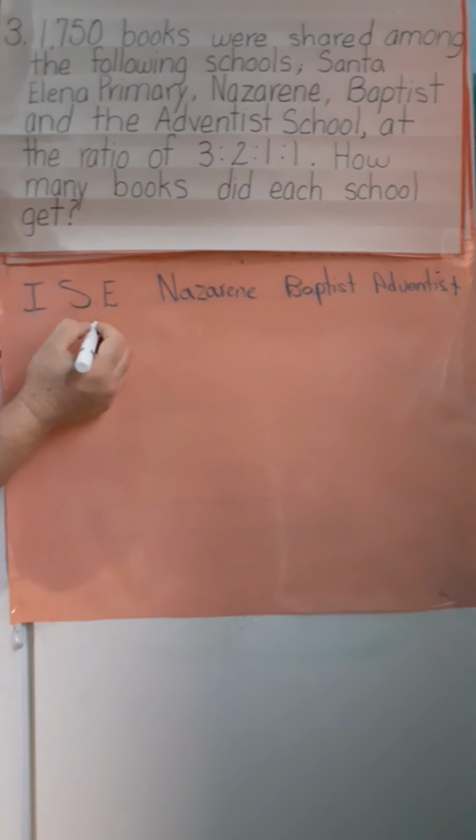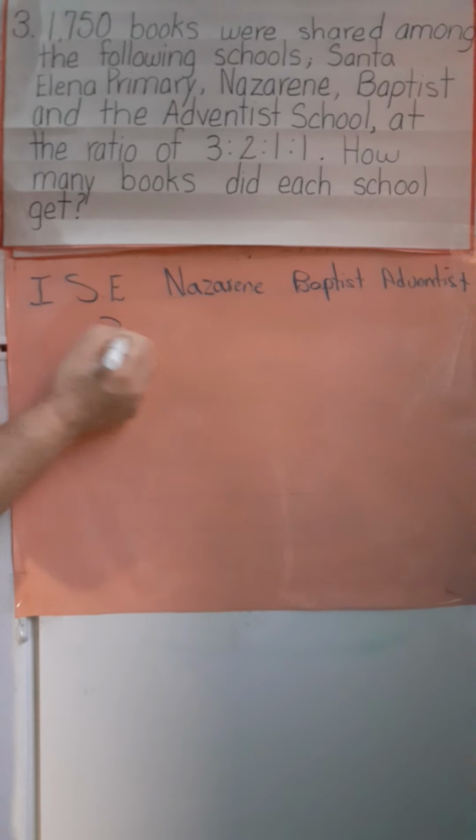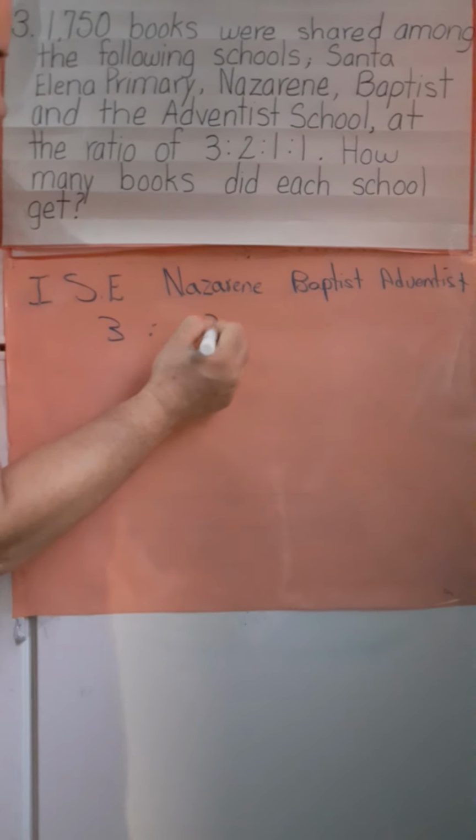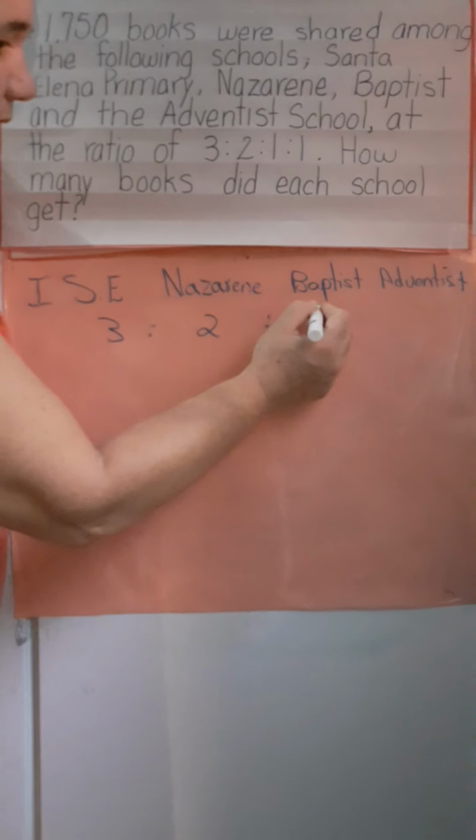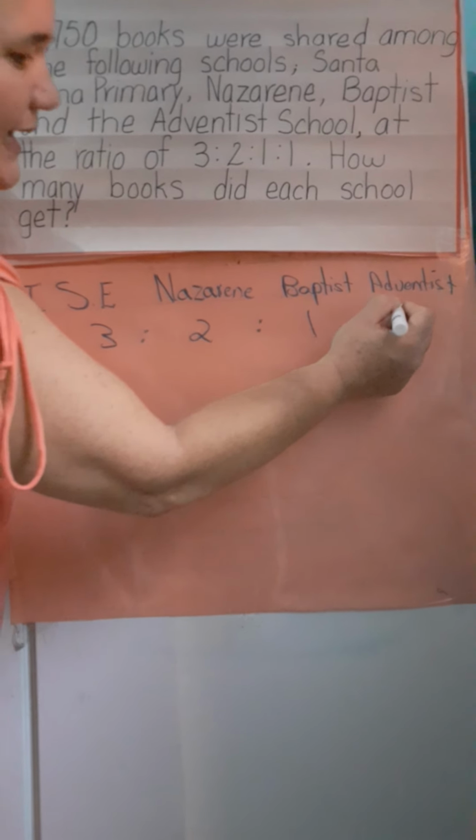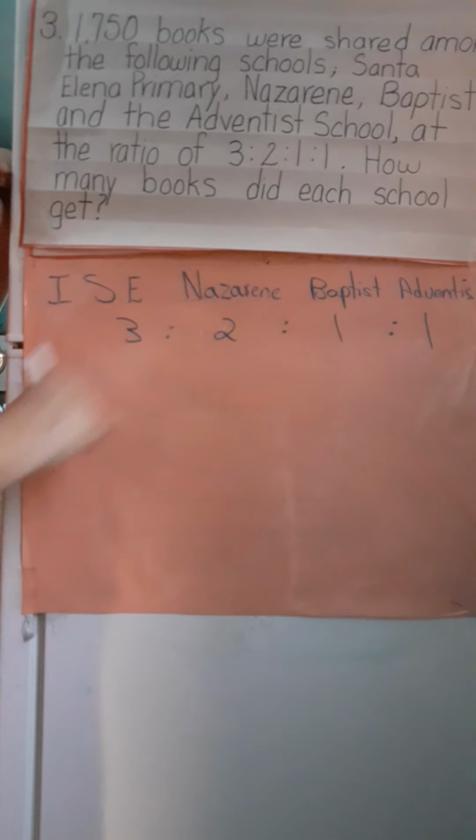Okay, so Santa Elena got 3, Nazarene got 2, Baptist got 1, and Adventist got 1. Okay, that's the first step. We set up the ratio.